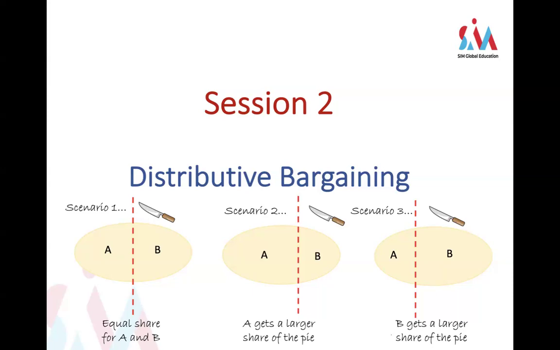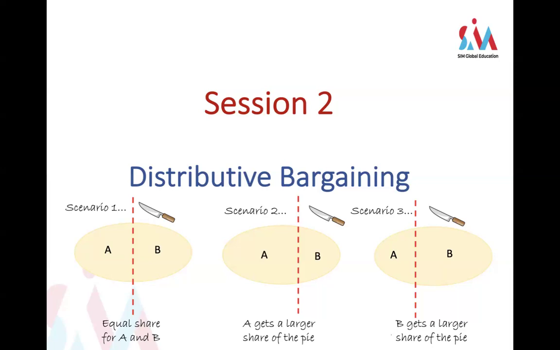Hello, good morning, class. Today we are doing session 2 on distributive bargaining. The word distributive tells us that we are dividing resources. If you look at the diagram on your screen right now, the very first one on your left, we are going to slice this pie in the middle such that A and B get an equal share of the pie.